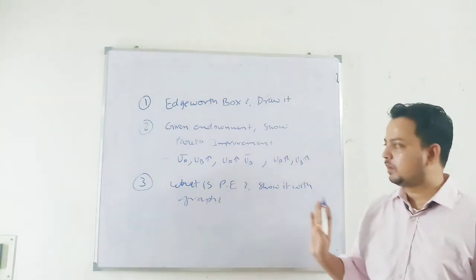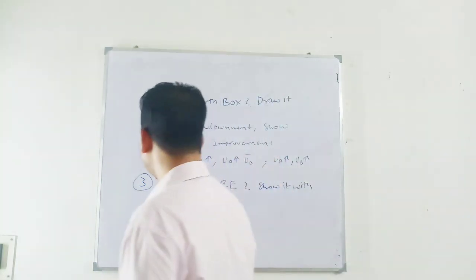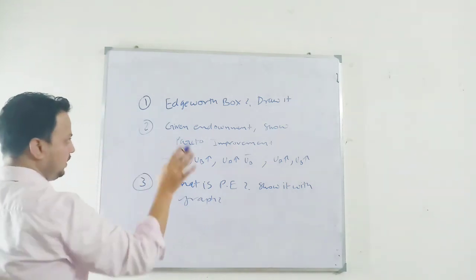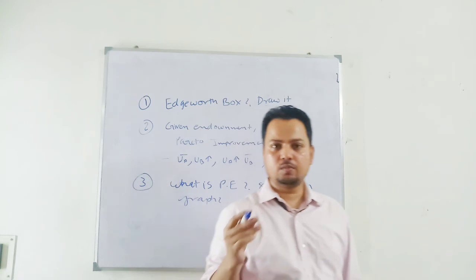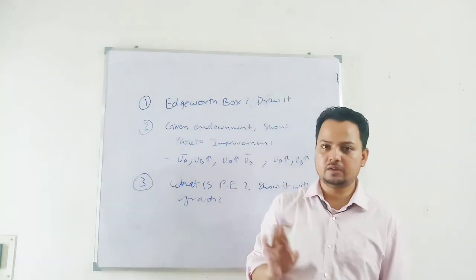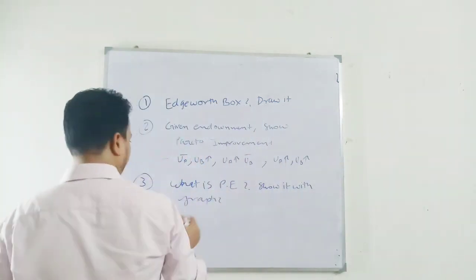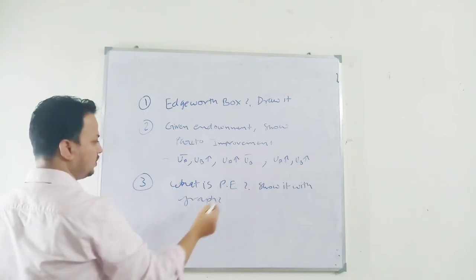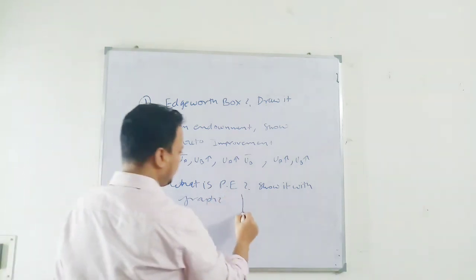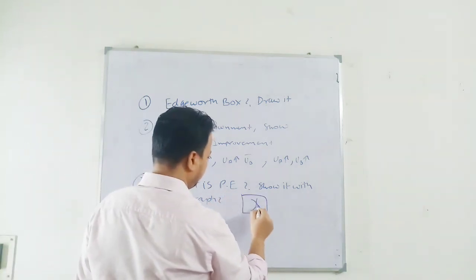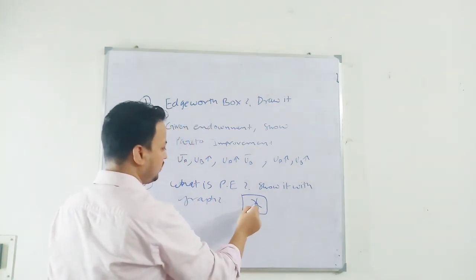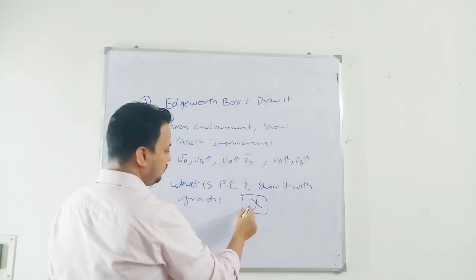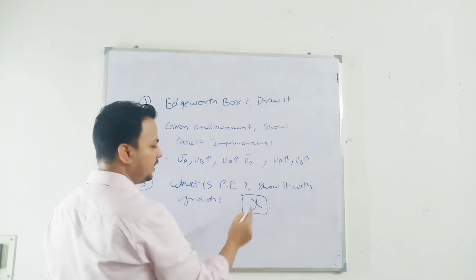Development of the concept is important, and doing this will develop it, so whatever you read will be clear. So what is Pareto efficient? Show it with a graph. You have to make this graph and show that this is Pareto efficient: it is not possible to make any consumer better off without making another worse off.